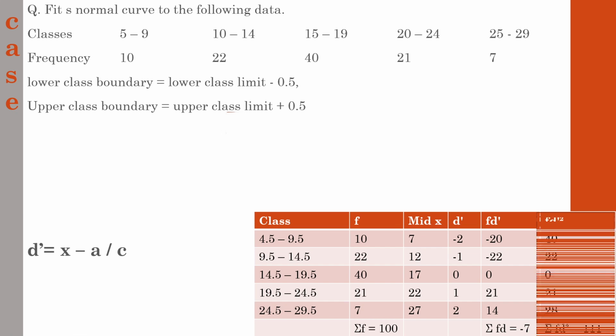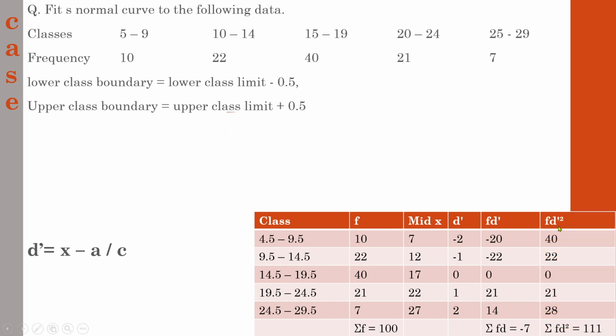After that you need to find the final column, fd dash square. Fd dash square does not mean the square of fd dash, it is obtained by multiplying d dash and fd dash. So d dash and fd dash: minus 2 into minus 20 is 40, minus 1 into minus 22 is 22, 0, 1 into 21 is 21, 2 into 14 is 28.